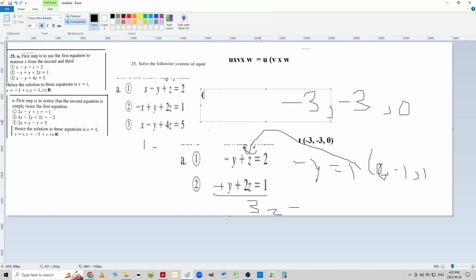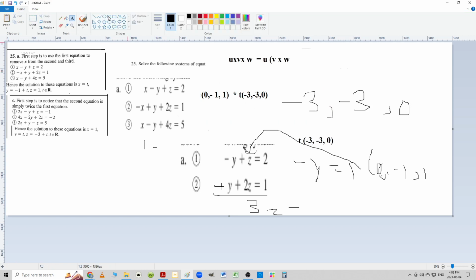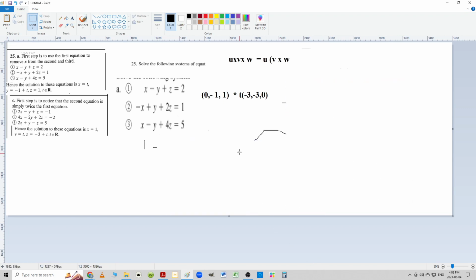0, minus 1, 1 is a starting point, plus t times minus 3, minus 3, 0. That is the line of intersection that defines it. If you wanted to find another point and prove it, you could take t of 1 and find another point.